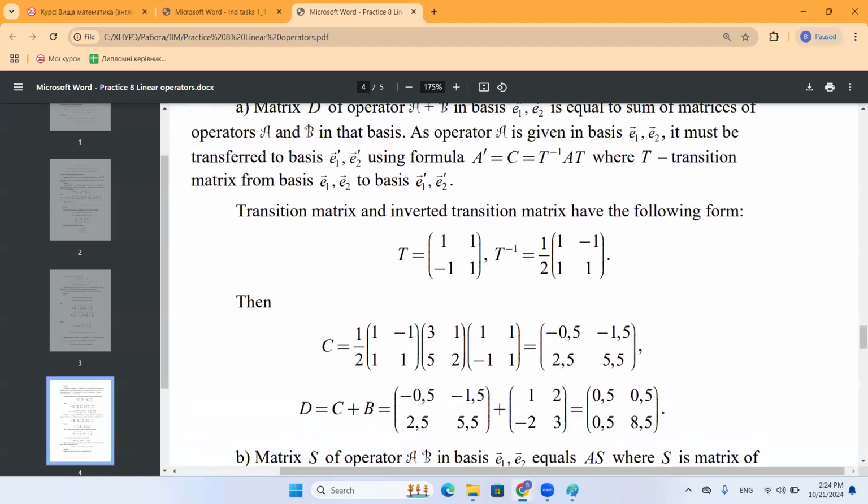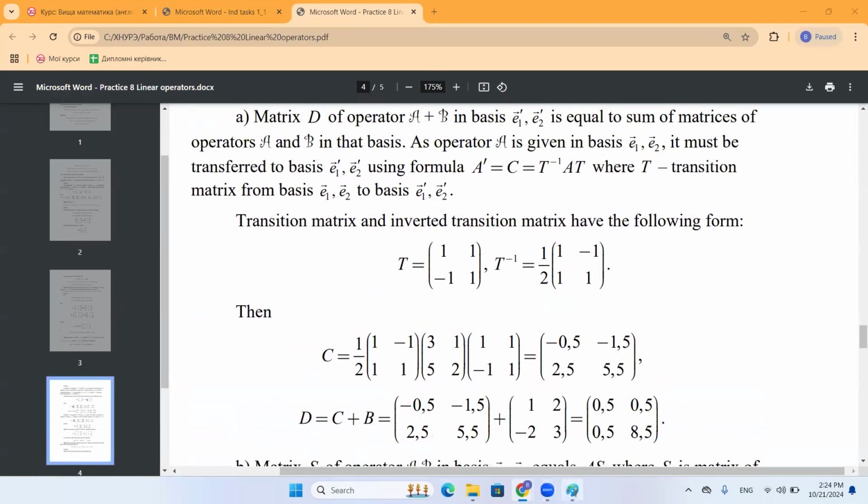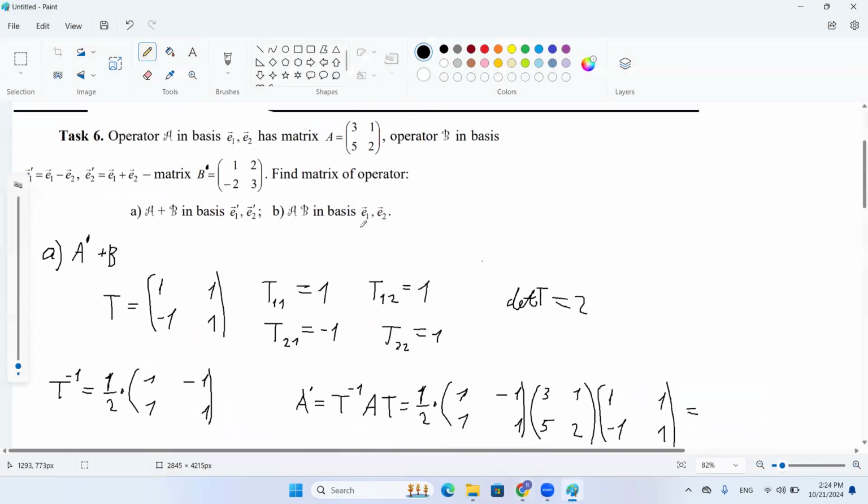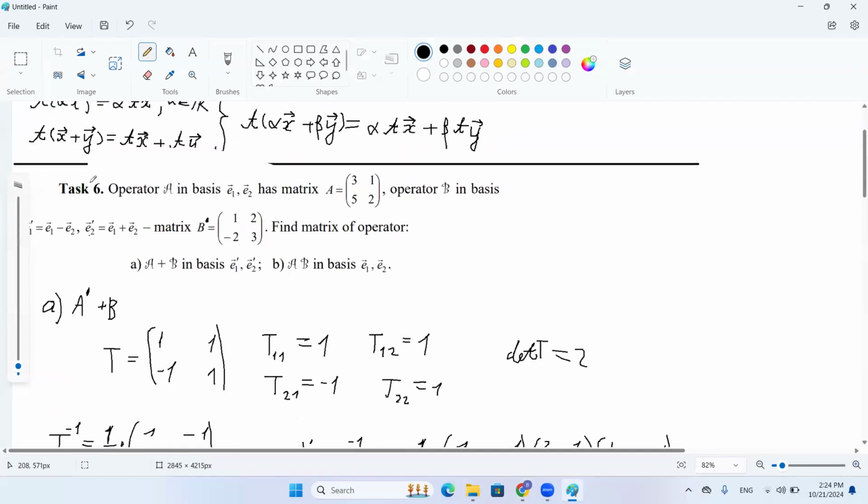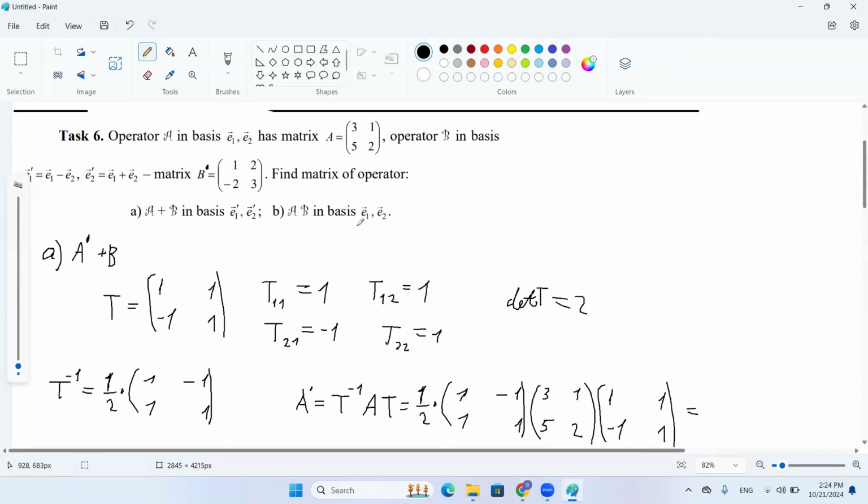Yeah, and by the way, we want to solve section B now, but I have a question for you. We have a transition matrix from the initial basis E1, E2 to this basis prime, and we have the inverse transition matrix.